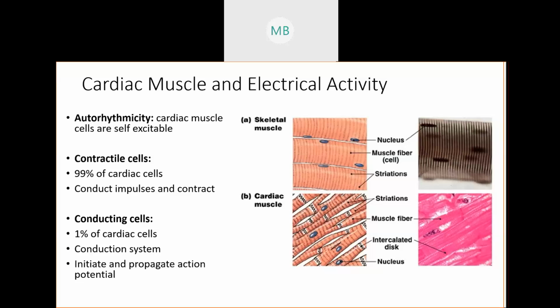So cardiac muscle has more calcium storage than your regular skeletal muscle because they are constantly pumping, even when you're asleep. And there are fewer T-tubules to share that calcium amongst.